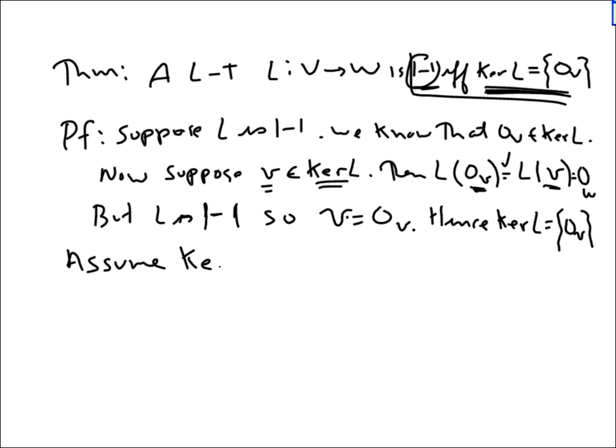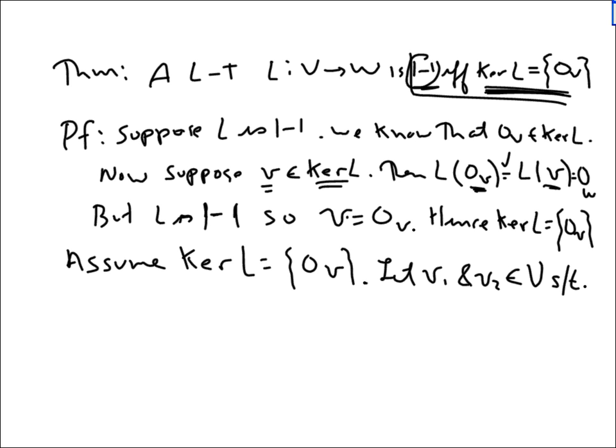Assume the kernel of L just contains the 0 vector. Now I want to show that L is 1 to 1. That is, if I take L of two things and get the same result, those two things actually were equal. Let V1 and V2 be in V such that L of V1 is equal to L of V2.